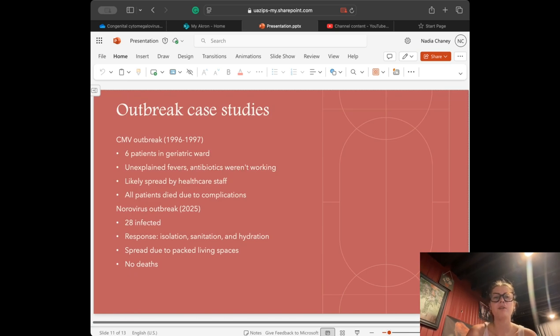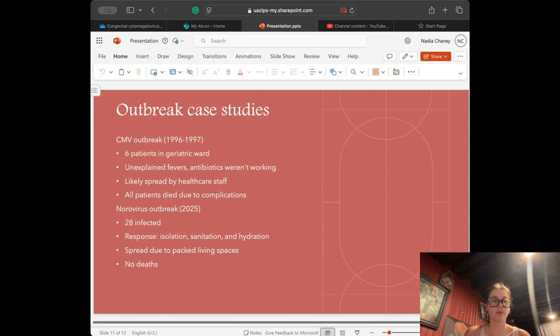So some outbreaks that happened for CMV, there was an outbreak in a geriatric ward of a hospital. There were 10 patients that had unexplained fevers. They were treated with antibiotics and nothing was working. They just could not figure out what it was.